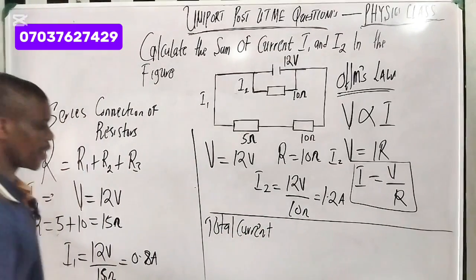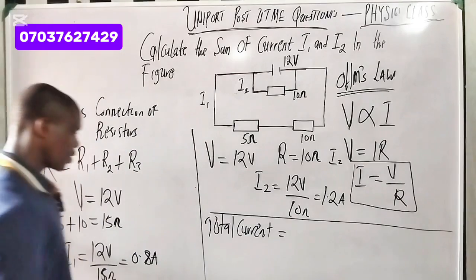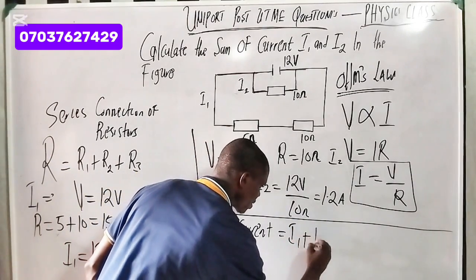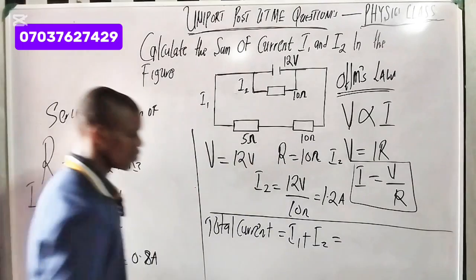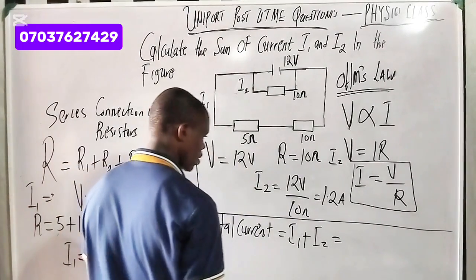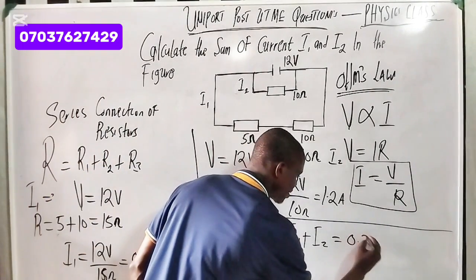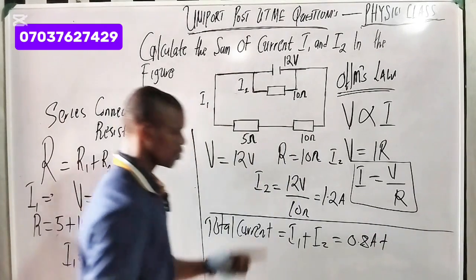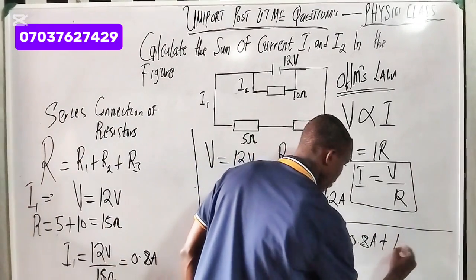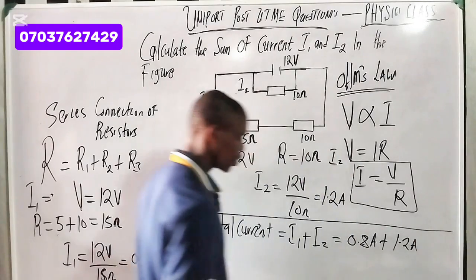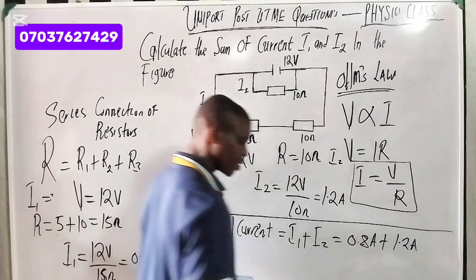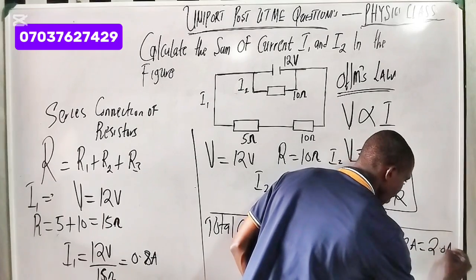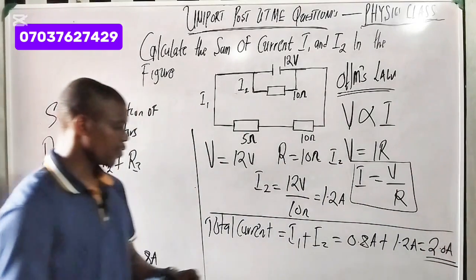If you calculate the total current, you're going to get I1 plus I2. I1 is 0.8 amperes plus 1.2 amperes. If you look at it, everything totals to 2.0 amperes.